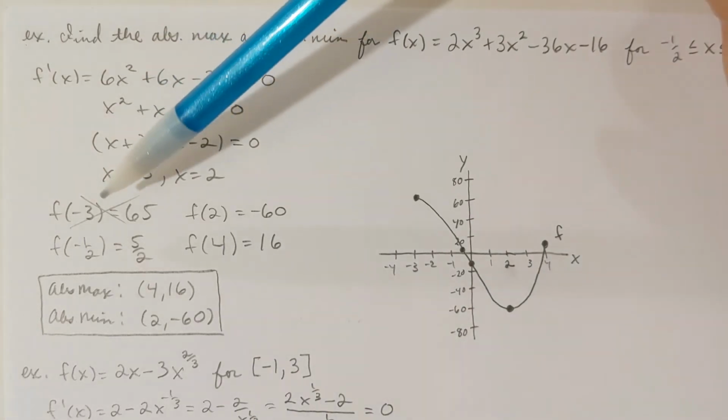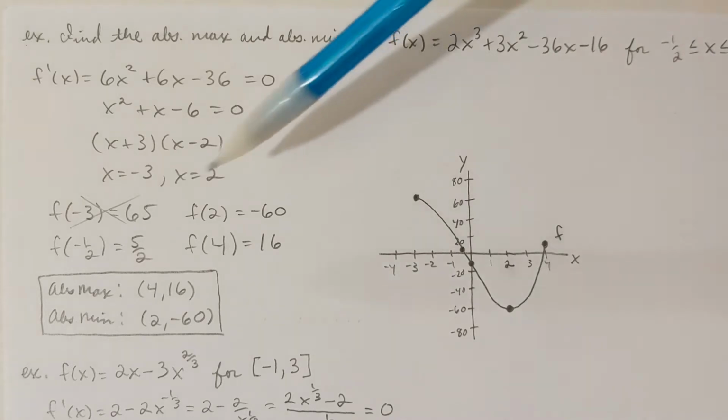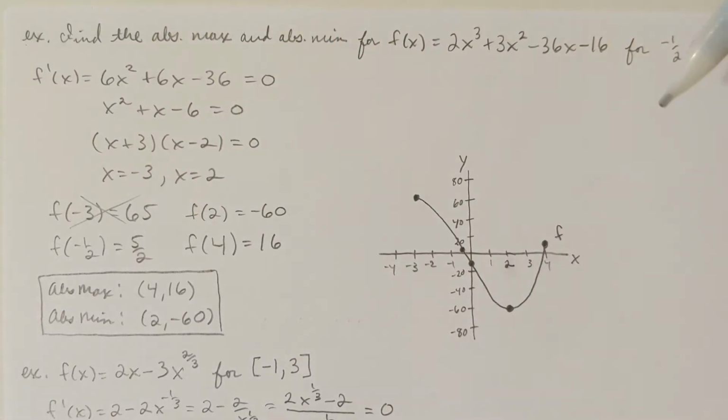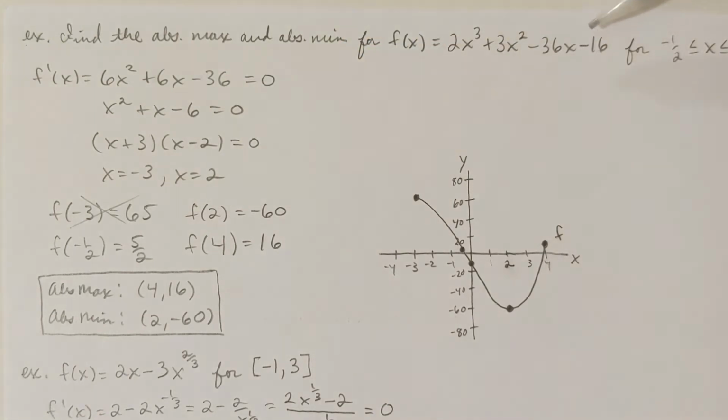Okay, well, if I plug -3 into f of x, 2 times -3 cubed plus 3 times -3 squared minus 36 times -3 minus 16, I was getting 65 from that. Okay, and if I plug in 2 into the function, I was getting -60 when I plug in 2.